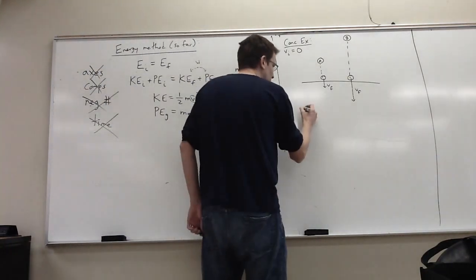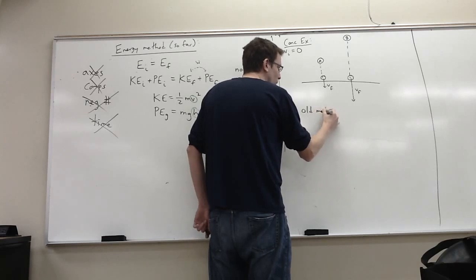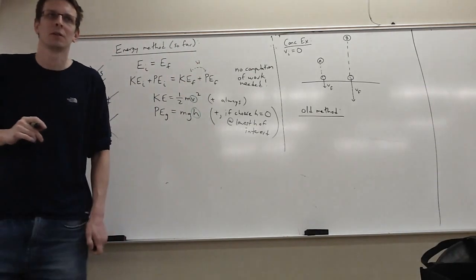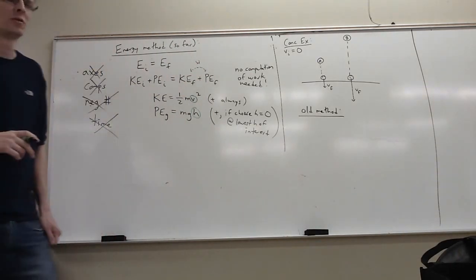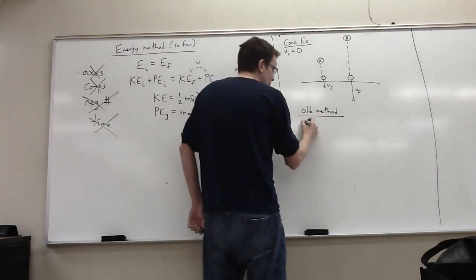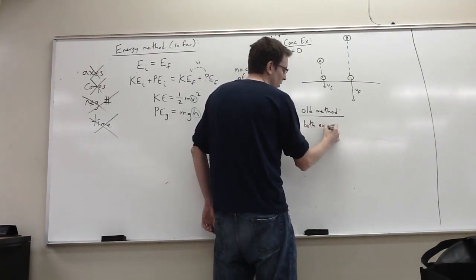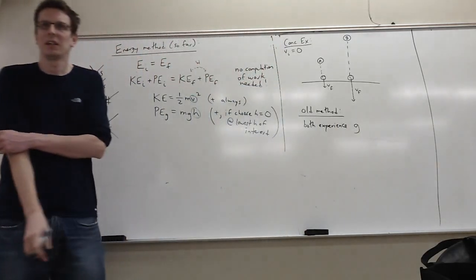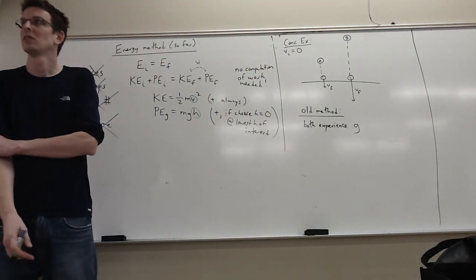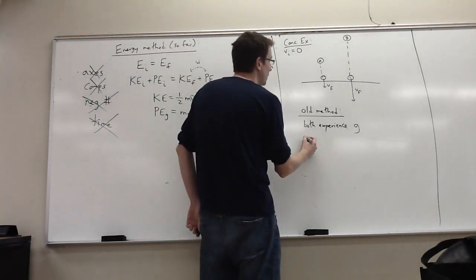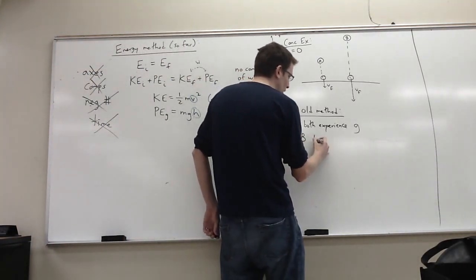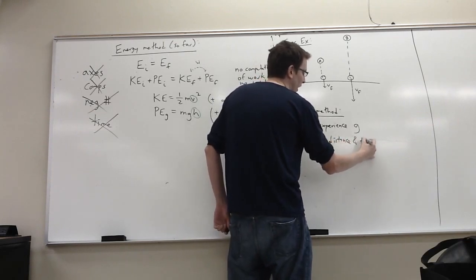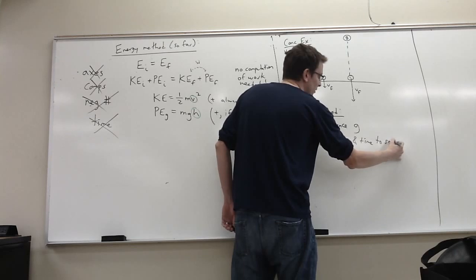In the old method, here is what we would have said. We would have said that both experience a constant acceleration, which of course we even have a character for, but B has a larger distance and therefore time to spend with it.